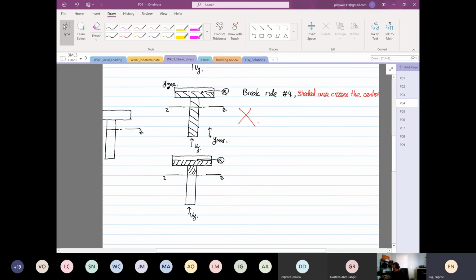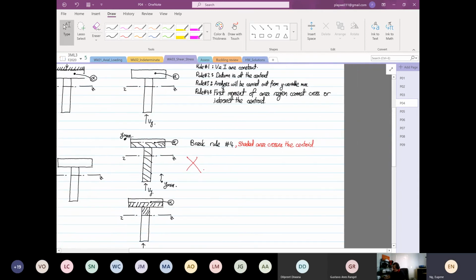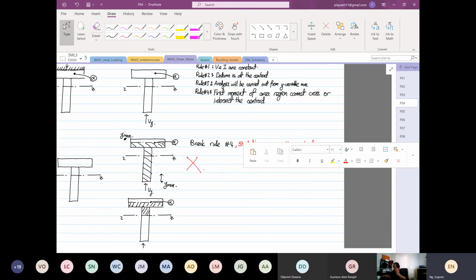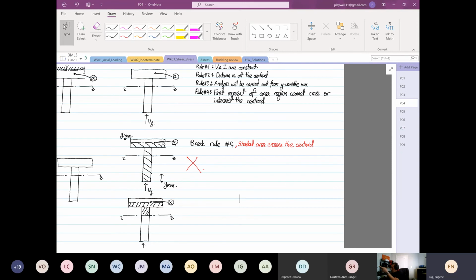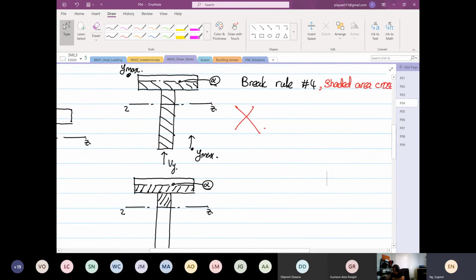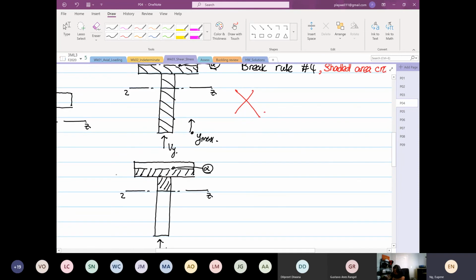So we look at the rules now. Rule number 1 is always good, V over I are constant. Then rule number 2, datum is a centroid. Yep, I took my datum at point Z, which is my centroid. Analysis will be carried out from the Y variable onwards. So this is the analysis direction.